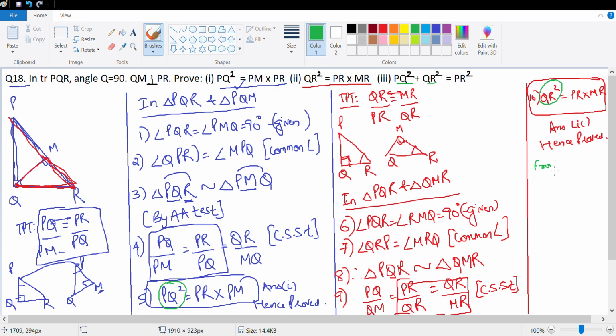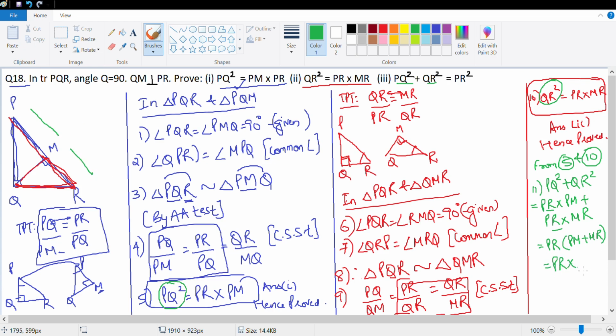So from 5 and 10, I get PQ square plus QR square is equal to PR into PM plus PR into MR. I notice PR is common to both of them, which means if I take PR out, what I'm left with is PM plus MR. And what is PM plus MR? PM plus MR is PR.